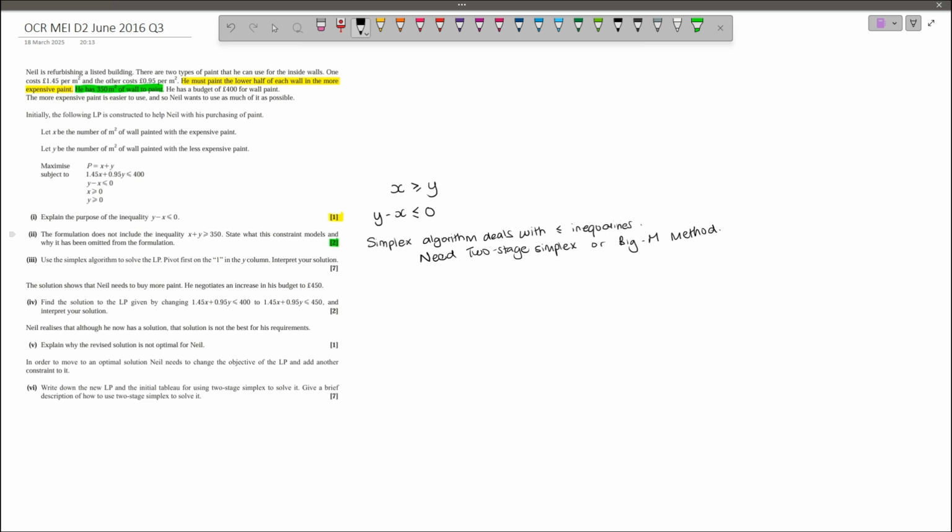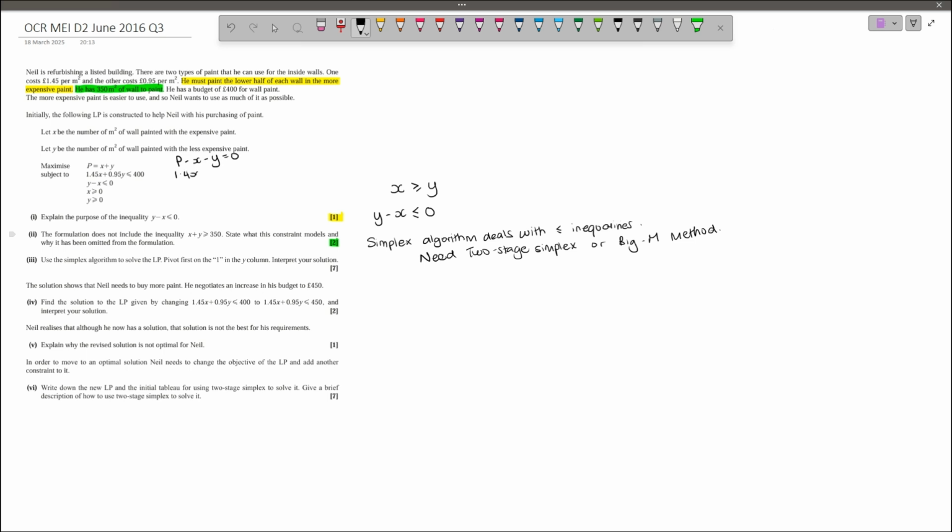And we're asked to use a simplex algorithm to solve a linear programming problem. I've not given an answer template, so you can't see the initial table. So we're going to try and construct one here. Our profit equation, our objective function, I'm going to rearrange, get P subtract X subtract Y equals 0.